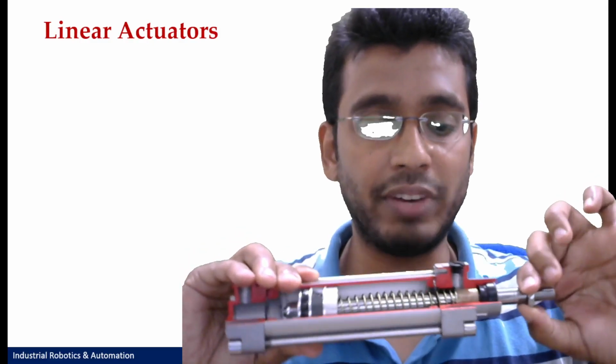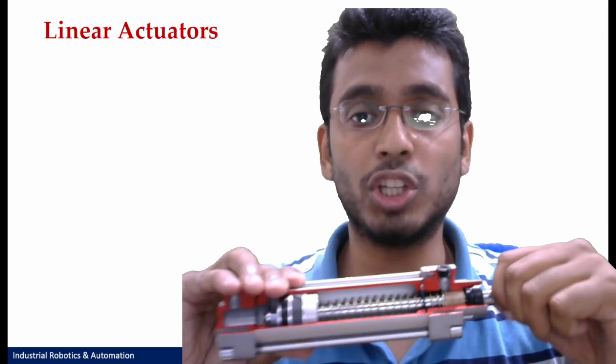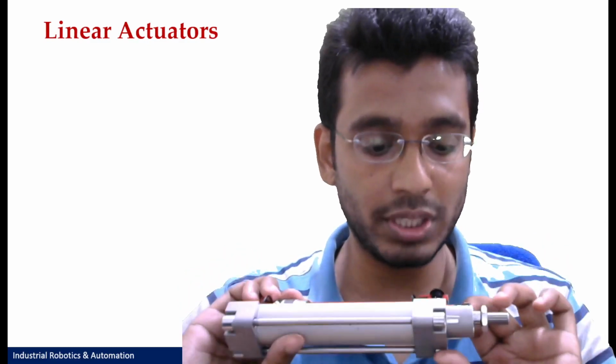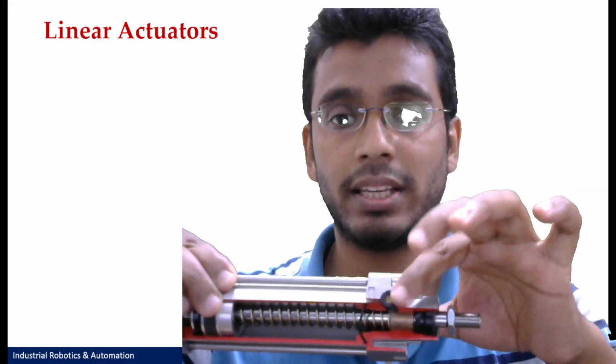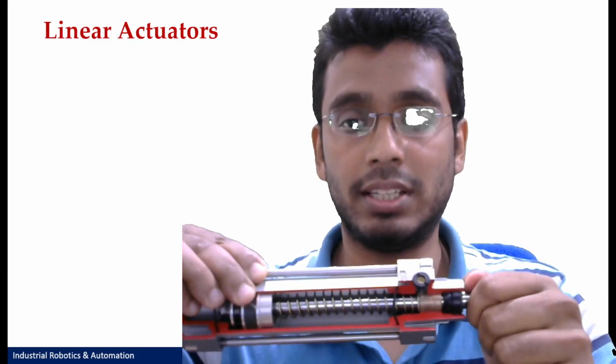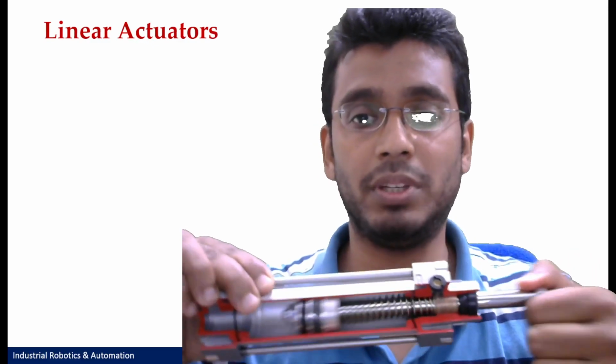Now, when this is moving forward, there has to be an exhaust port to return. If you see in this diagram, this is an exhaust port. This is a pneumatic cylinder, so the air would press from this side and release from here.